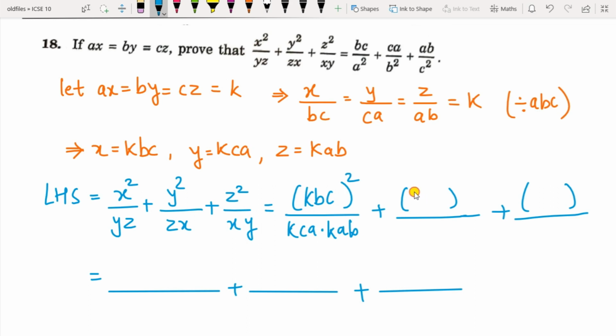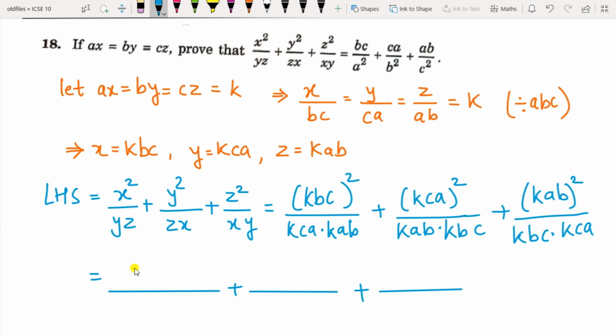Y square is KCA square upon ZX, so Z is KAB into X is KBC. Z square is KAB square upon X is KBC into Y is here KCA, right?